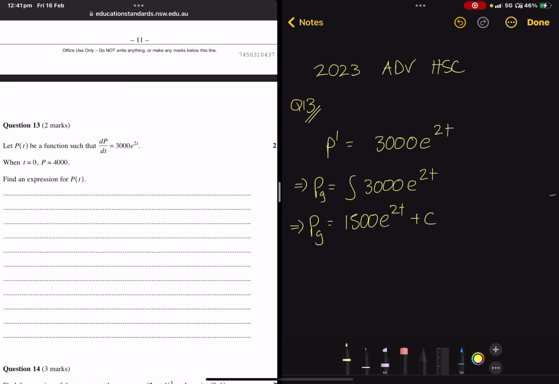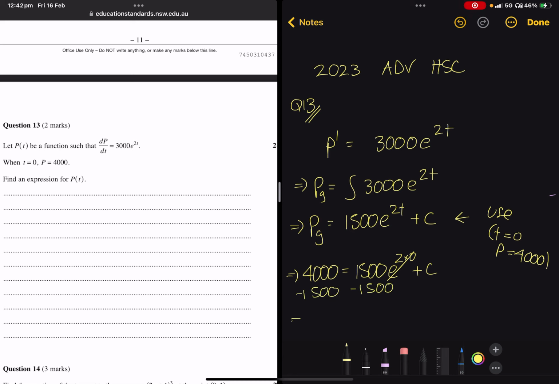To find the constant of integration, in this case, we are going to use the fact that when t is 0, p is 4000. Because now, if we let p general equal 4000, we find 4000 is equal to 1500 times e to the 2 times 0 plus a constant. Well, e to the 0 is 1, so minus 1500 from both sides.